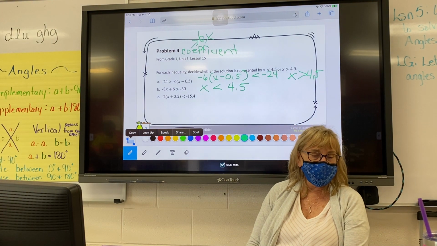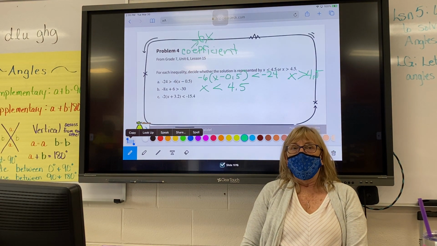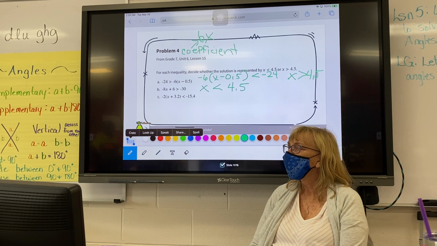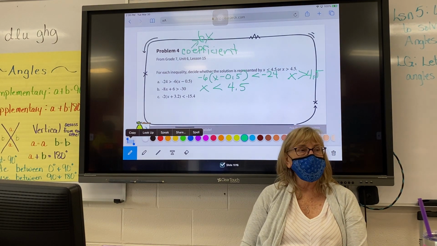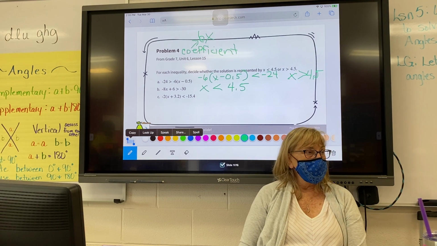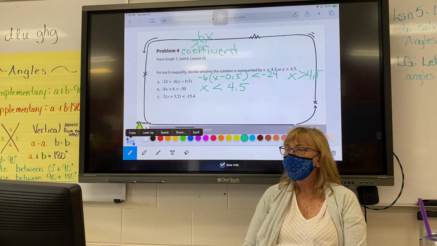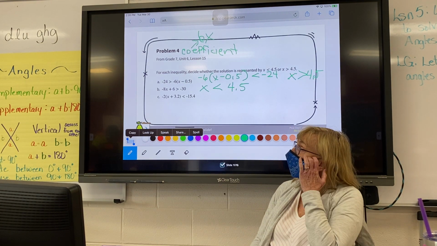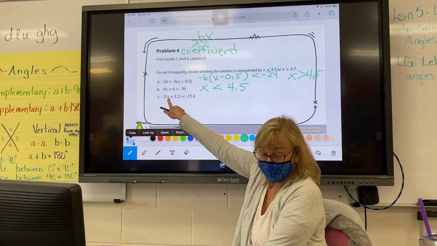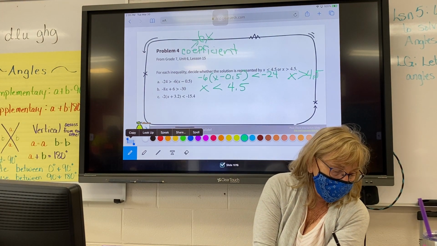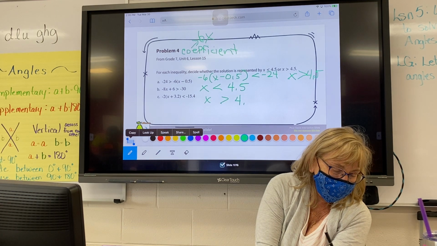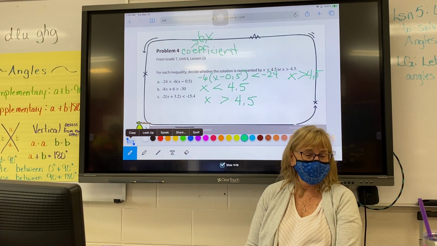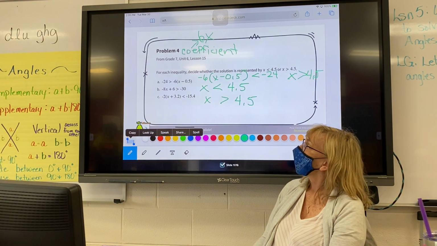All right, what do we think about the last one? This one's going to flip. Why? Because if you multiply -2 times x, you get -2x, and then you have -15.4, and then you subtract 3.2, and then you would divide by -2. Yep.